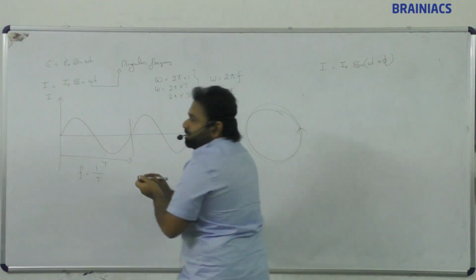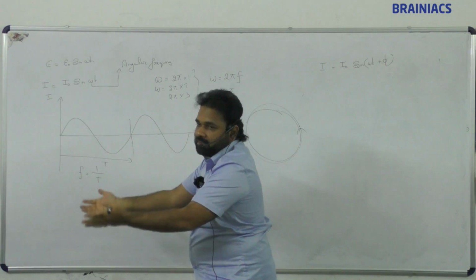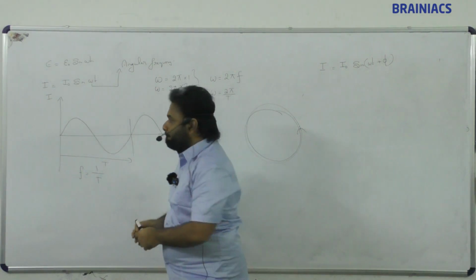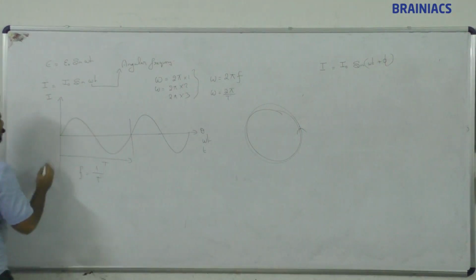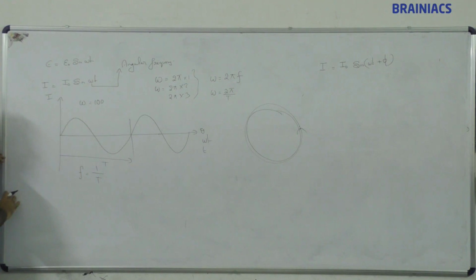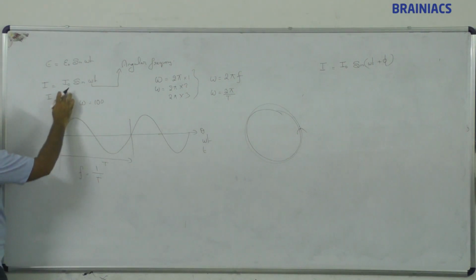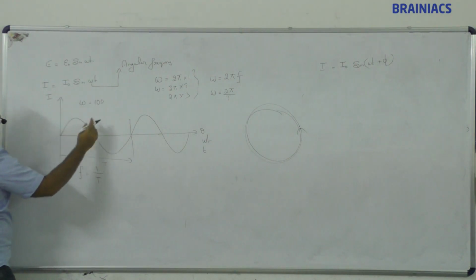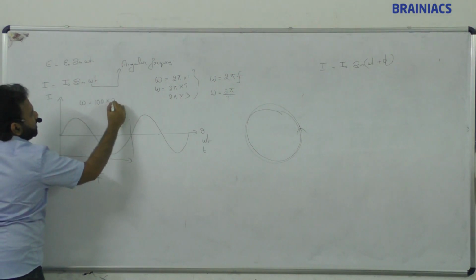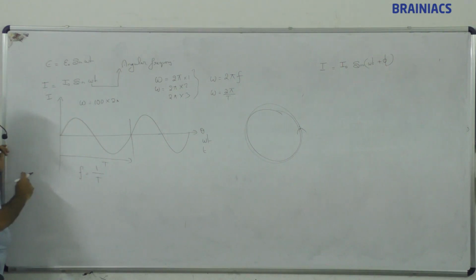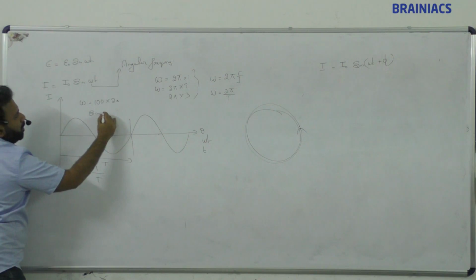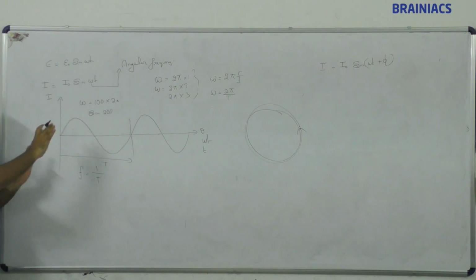Suppose just like a washing machine, throwing in the dirty clothes, taking out the white clothes, nice clothes, right? Same way, if I put here, say for example, omega is equal to 100. Suppose I give a value like 2 seconds, just for understanding.